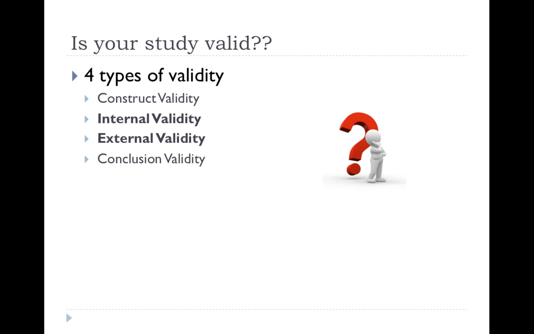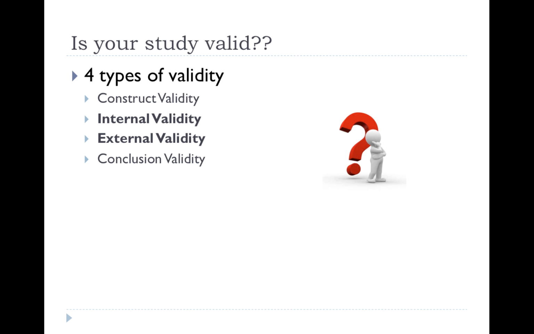So internal validity obviously is very, very important because you want to make sure that you can make strong inferences about your variables based on how you're defining them and how you're measuring them. So you want to make sure that what you're doing is really valid, and that you can infer that the independent variable causes a change in the dependent variable, rather than maybe there being a third variable that's actually causing the change in the DV.